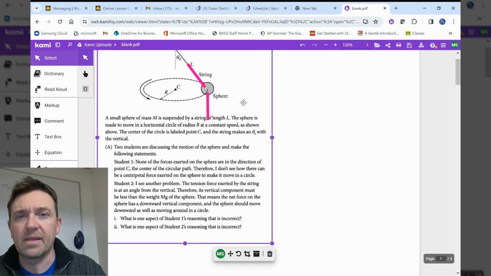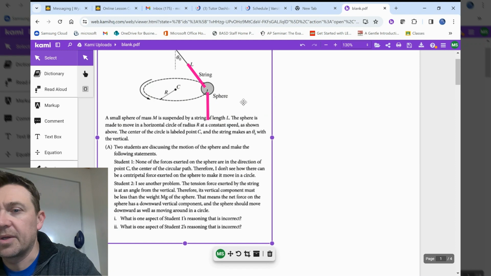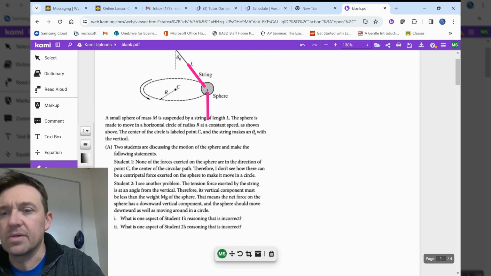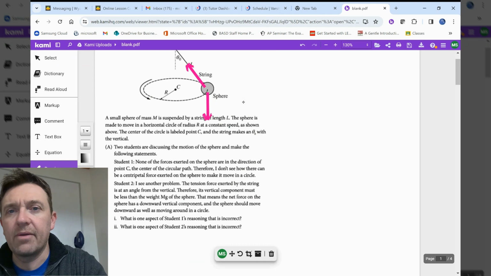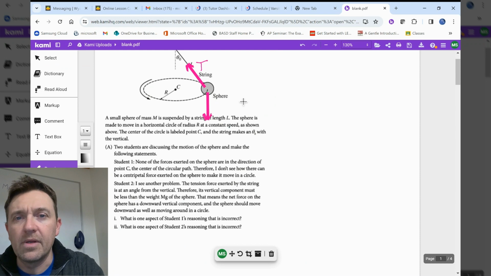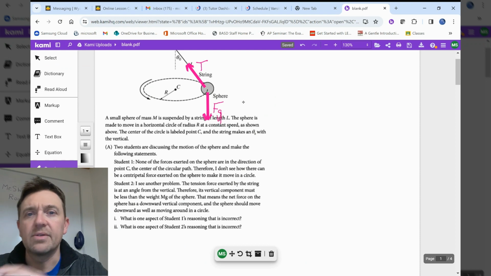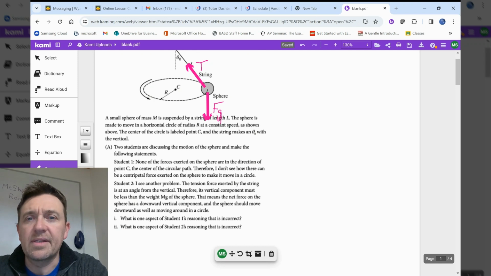It doesn't like that I put a picture on top of a picture. We'll just scribble some arrows on there. So hopefully you have a free body diagram that looks like this, where you have tension going up along the string, and you have weight or gravity pointing straight down. Now, here we know that the object is accelerating towards the center of a circle.